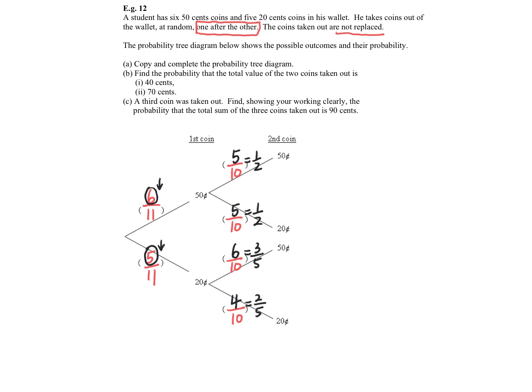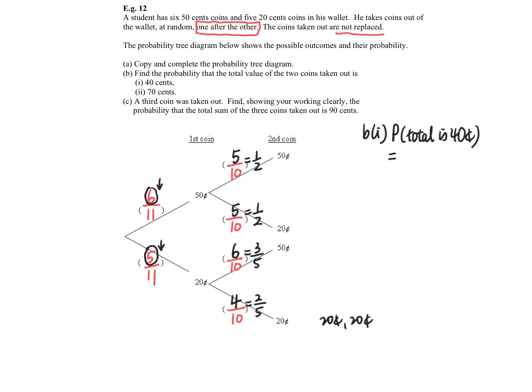Okay, so B part 1, I want to find the probability that the total value of the 2 coins taken out is 40 cents. So which outcome do I want? The 2 20 cent ones, because this will give me 40 cents, right? So what I want to find is total is 40 cents.